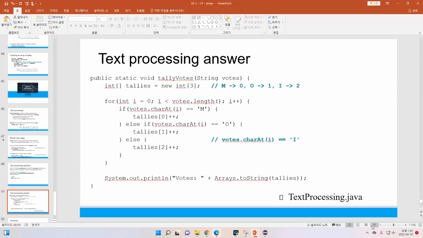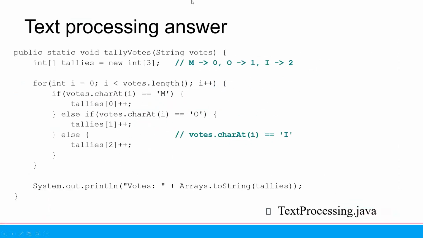Okay, let's see this one first. We have a method, public static void tallyVotes, and the parameter is a string. And we have an array, and the array size is 3 because we have only M, O, and I. And we do the loop until the length of the vote string.